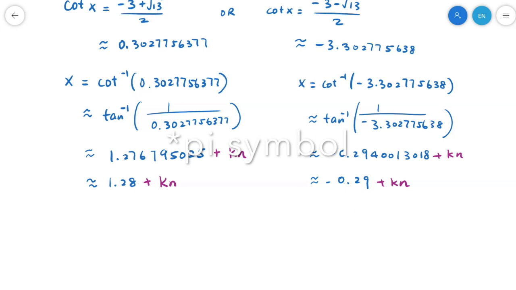So combining them together, my answer for x is going to be 1.28 plus k times pi. Sorry, not n, k times pi.